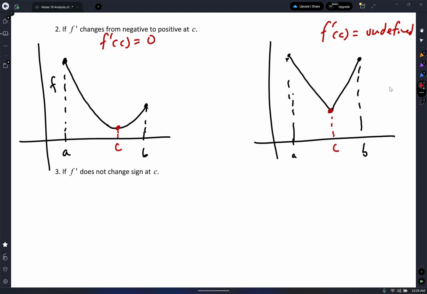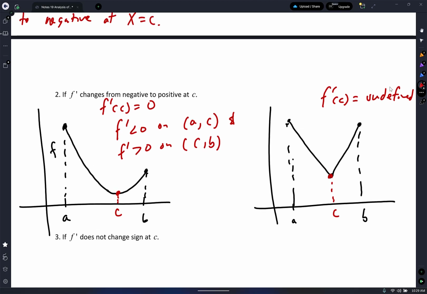But what do we notice? F prime is negative on the interval A to C, and F prime is positive on the interval C to B. And that is true for both of them. Do you notice that? So here's a statement we're going to say. I'm going to write F has a min at X equals C if F prime changes from what to what?